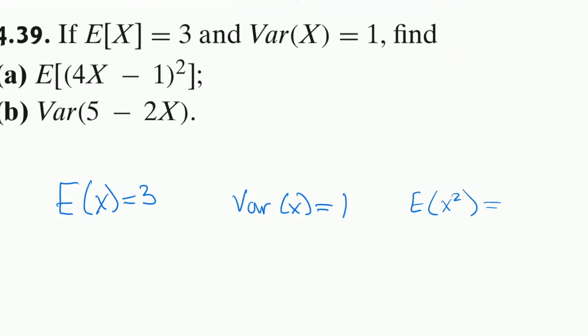So see if you can work that out. That'll be the start. And then we'll talk about how to conquer those 2 problems up there. So take a minute, see if you can do E of x squared.